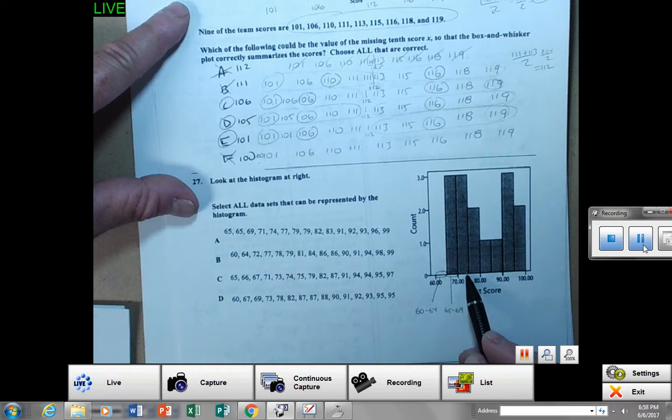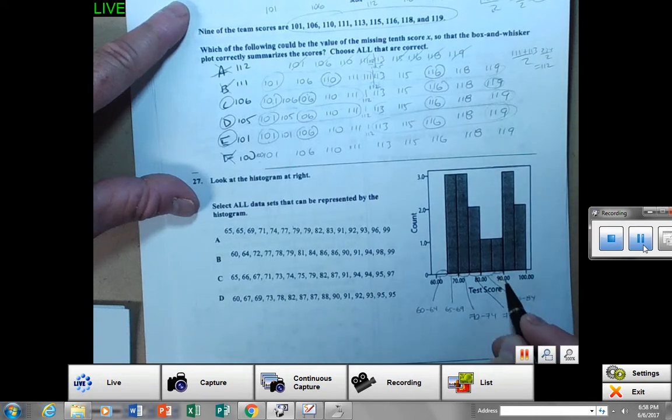This section next to it goes from 70 to 74. This goes from 75 to 79. This section right here goes from 80 to 84. This section goes from 85 to 89. Next section from 90 to 94. Last section from 95 to 100.